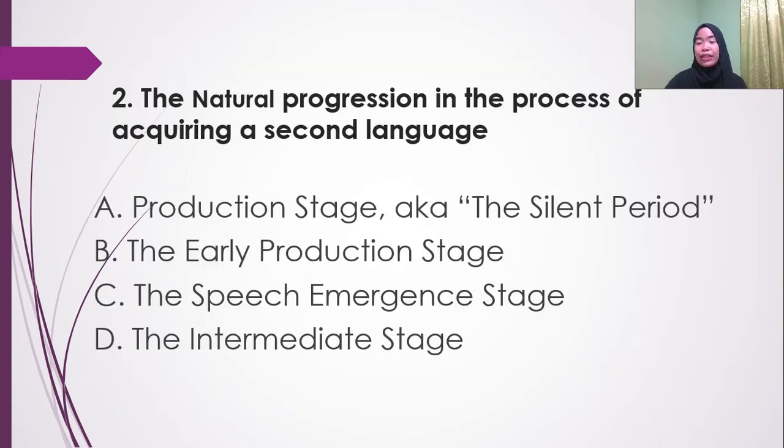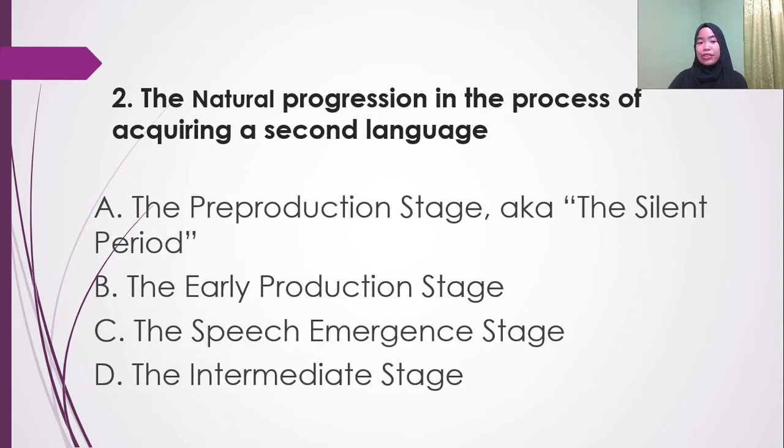Now the second idea that Krashen suggests is the natural progression in the process of acquiring a second language. In this second part of the natural order hypothesis, Krashen claims that a second language is acquired through four stages, in the same way the first language is acquired.